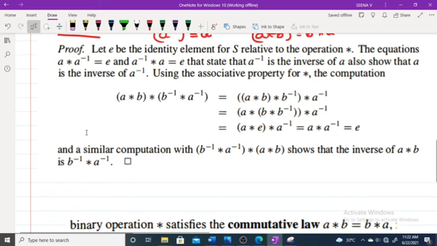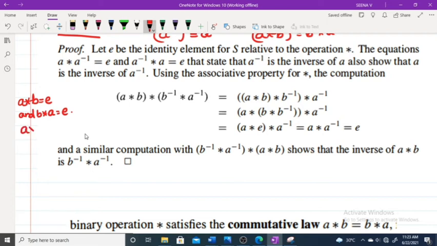What is the definition of the inverse of A? There exists a B such that A star B equal to E and B star A equal to E. So given that E is the identity element, A has an inverse.